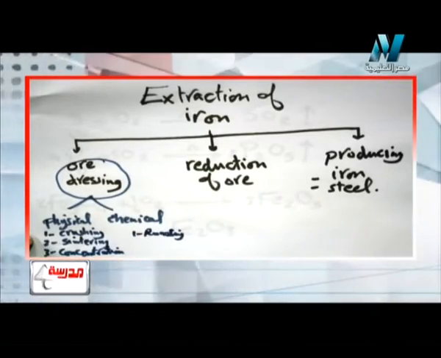This is the first step that you already explained. So it's a map to show the students the points that we are discussing. We start with the extraction of the iron from the ore, and then we said that it happens in 3 steps. The 3 steps are ore dressing, then number 2, reduction, number 3, steel production or iron production. The first step, ore dressing, has improving the physical properties and improving the chemical properties.